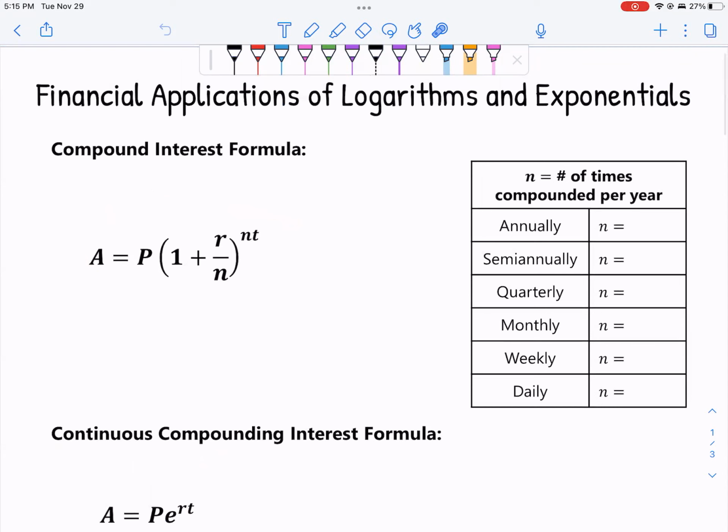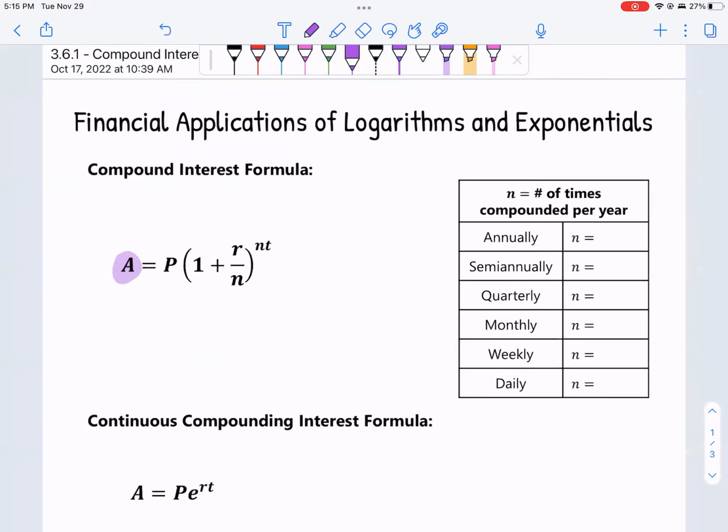Let's start with our compound interest formula up here. Let's talk about all these pieces. We have A equals P times (1 plus r over n) raised to the nt. What do any of those mean? First of all, A. I like to think of A as amount. It's the amount after t years. It's your accumulated value, if you will.